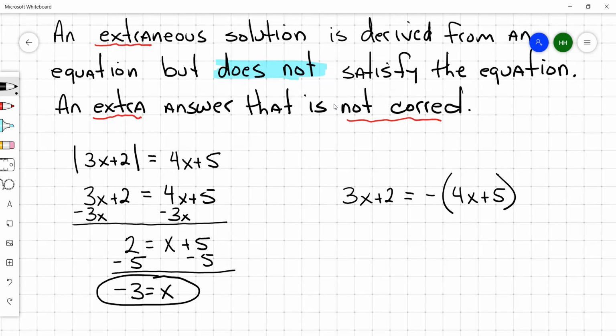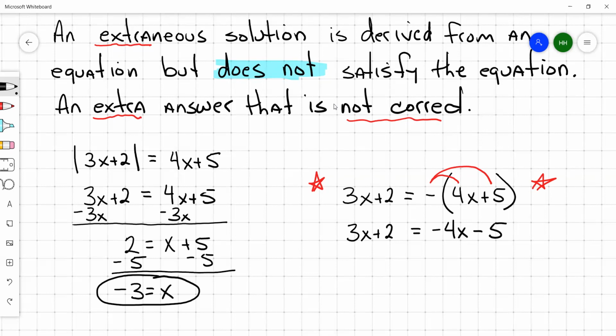Now, here's where you've got to be real careful. In this second equation, the negative sign has to be distributed. So this second equation is actually 3x plus 2 is equal to negative 4x minus 5. You're changing the sign of everything on the right side of the equation.